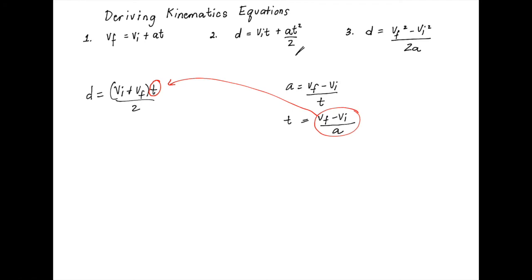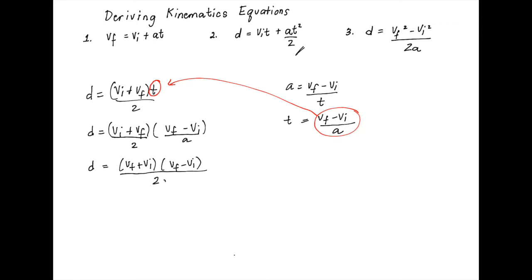Now let's substitute this time with this value here. Rewriting our equation, it becomes d equals Vi plus Vf times the time, which is Vf minus Vi all over a, and this one is all over 2. Now let me rearrange. We have Vf plus Vi times Vf minus Vi, and then let's multiply 2 times a, that would become 2a.